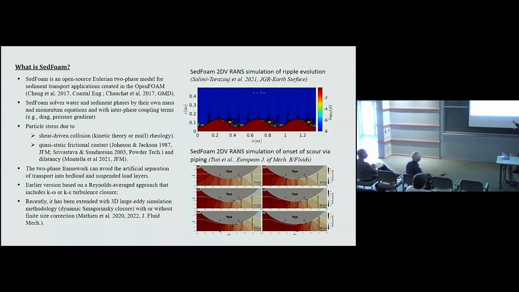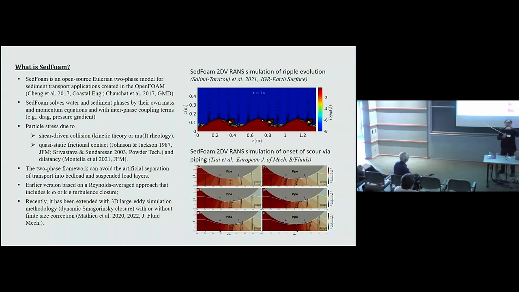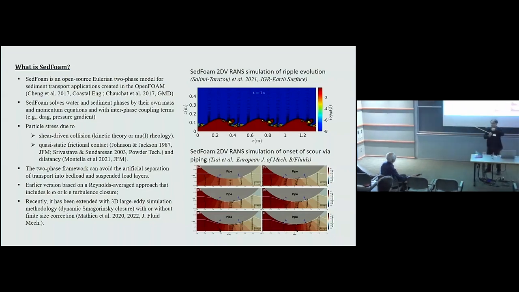The Johnson-Jackson, essentially the way I see it, from a less analytical way of looking at it, is more of modeling the elastic behavior of the bed, such that it depends on concentration. So the idea is that if you have a very high concentration, you're going to trigger larger particle normal stress, particle pressure. But remember, that particle pressure gradient is going to balance with the immersed weight. So that's how you can have a settled bed.